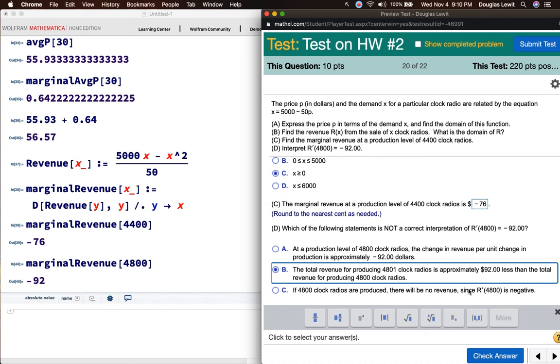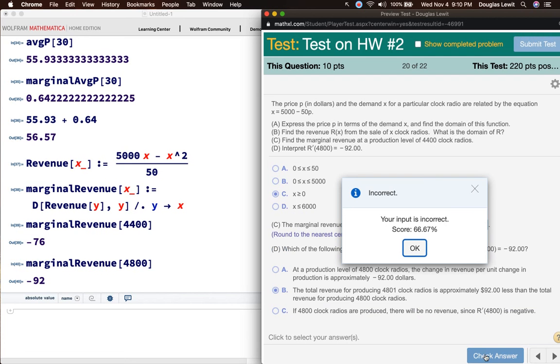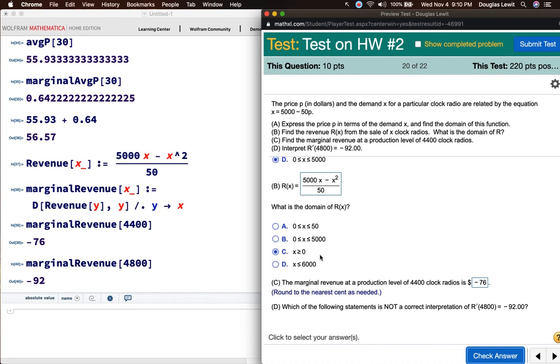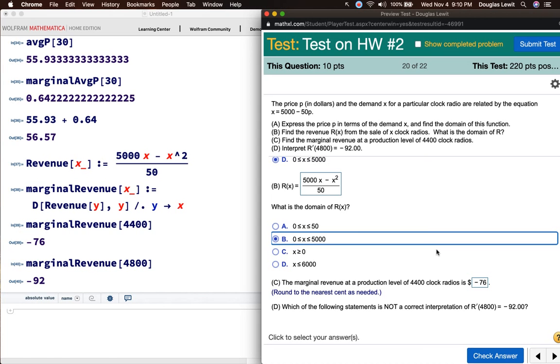Now, let's see if everything is okay. Okay, so they're giving me almost 70% here, which means there's something here they don't like. And I have a feeling it's my answer to part B. I think the answer they're looking for is x has to be between 0 and 5,000.